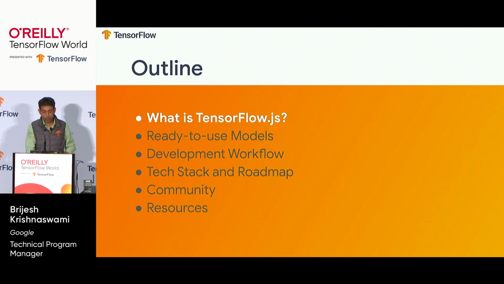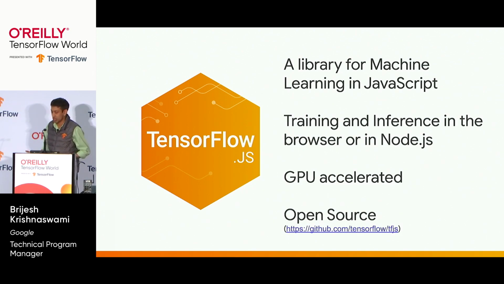All right, so we have a lot of exciting content to cover, so let's get started. You may have heard at the TensorFlow.js keynote an overview of the technology today morning. We are going to build on that here. But first, a quick recap of the basics of TensorFlow.js. So in a nutshell, TensorFlow.js is a library for machine learning in JavaScript.